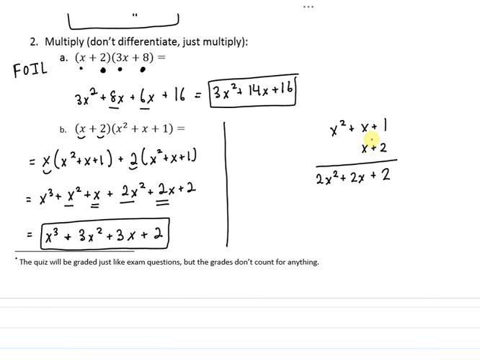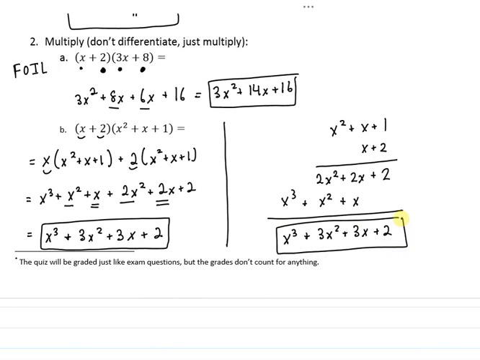Scooch over 1. X times 1 is plus x. X times x is plus x squared. X times x squared is plus x cubed. My terms lined up, so I can say x cubed plus 3x squared plus 3x plus 2. And that's it.